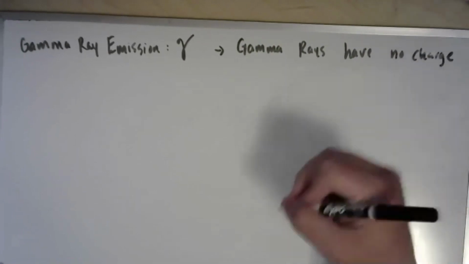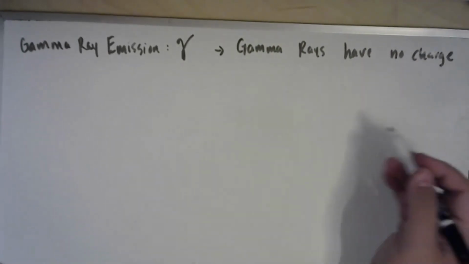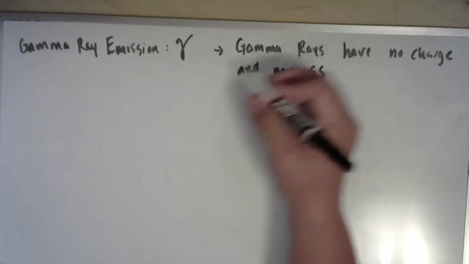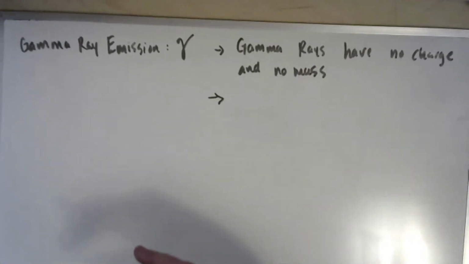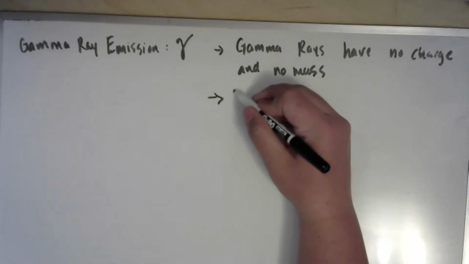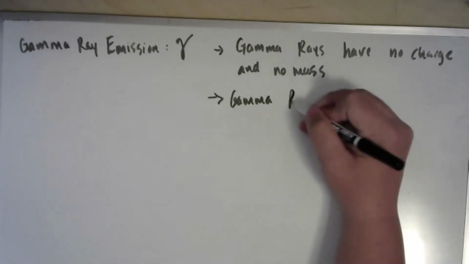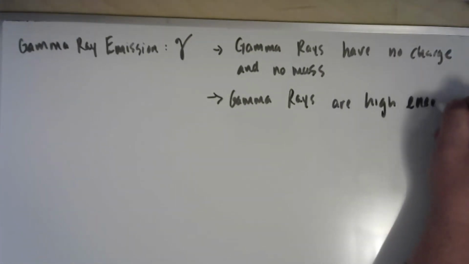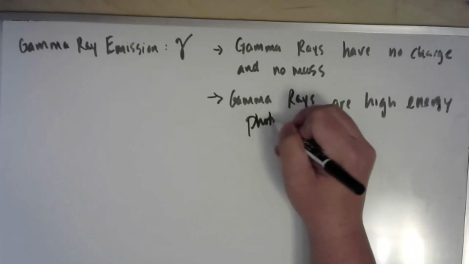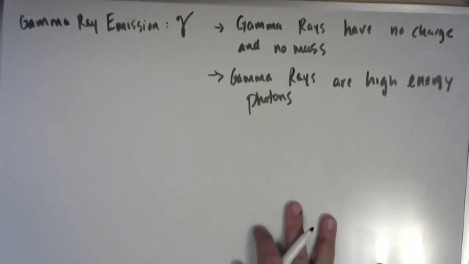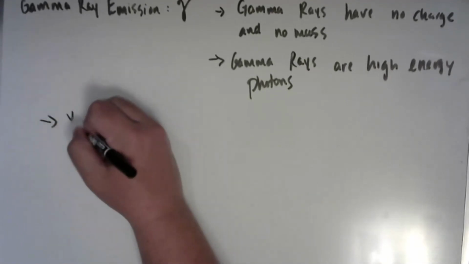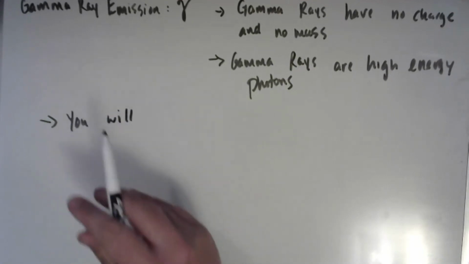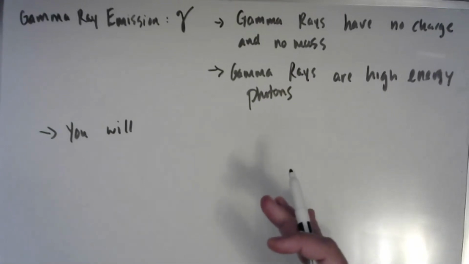So that's different than the alpha decay and the beta decay that we saw. Your gamma rays are just going to be high energy photons. So you're not going to see a change in your mass number or in your atomic number when you have gamma radiation as part of your nuclear decay process.